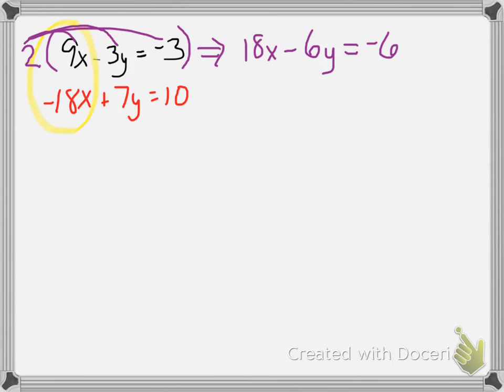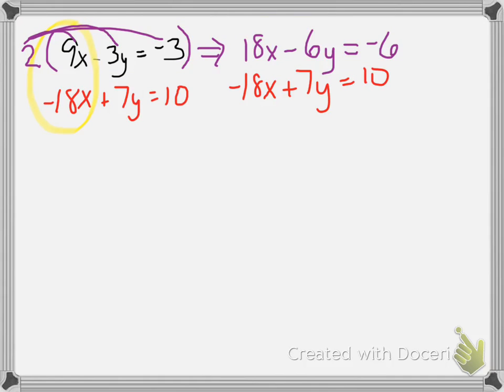Then I'll rewrite the other one right below it. Now, this equation and this equation are equivalent. All I did was double everything, and that's okay as long as I do it to everything.